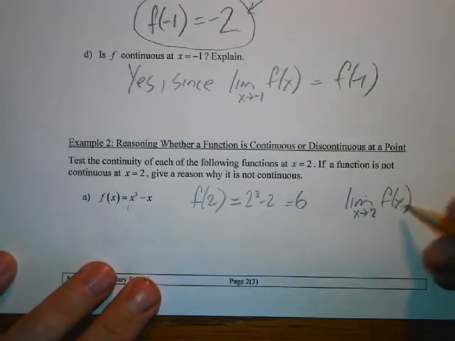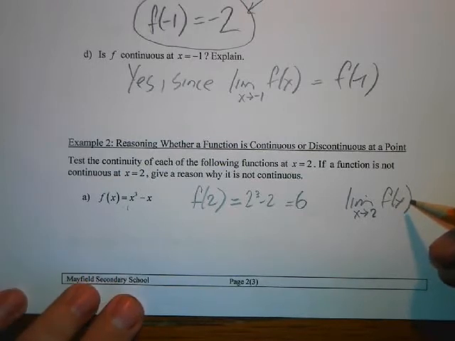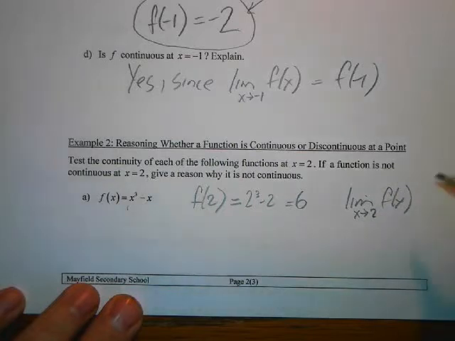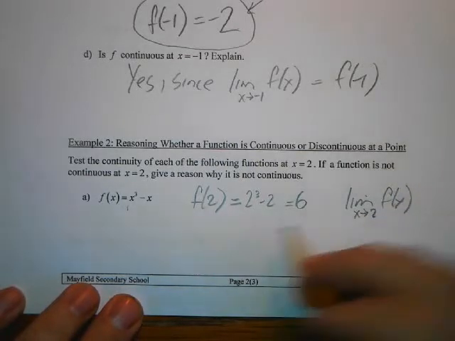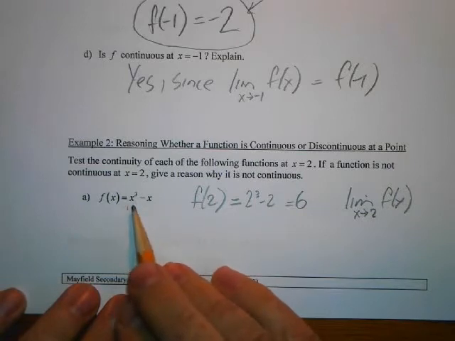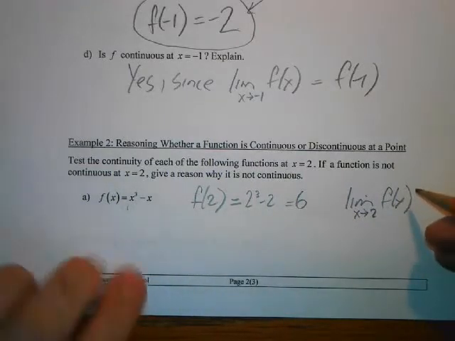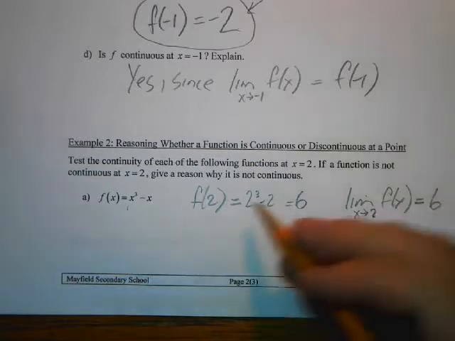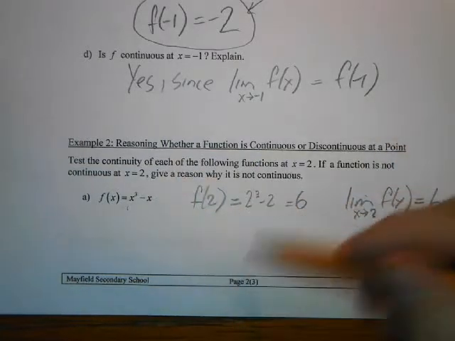Now, if you actually drew the graph of x cubed minus x, if you plug the value into each part, you can see that it's going to be the same calculation. It's going to be 2 cubed minus 2, which is 6 again. If you were to graph this function, you could definitely see it's continuous.